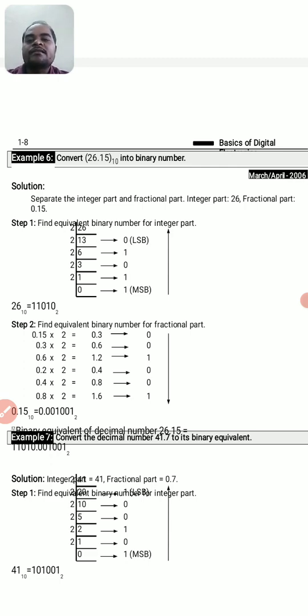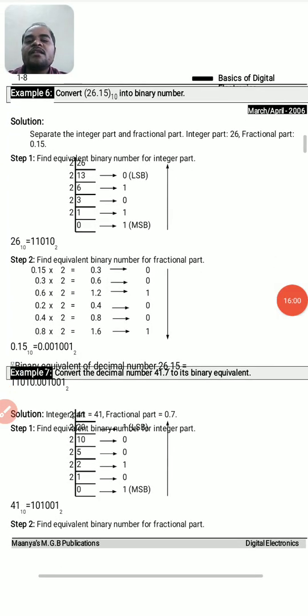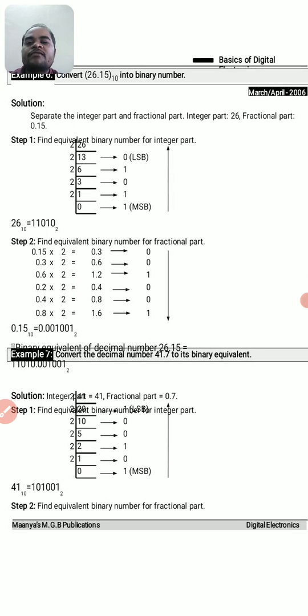Here the integer part is 26 and the fractional part is 0.15. So 26 is divided by 2 with successive divisions, and writing the result from downwards to upwards, 26 is equal to 11010 base 2.